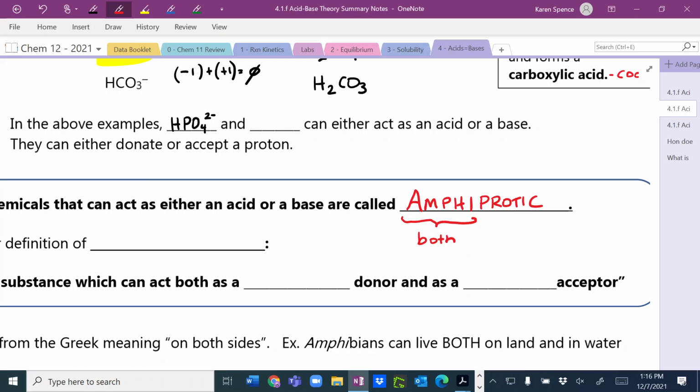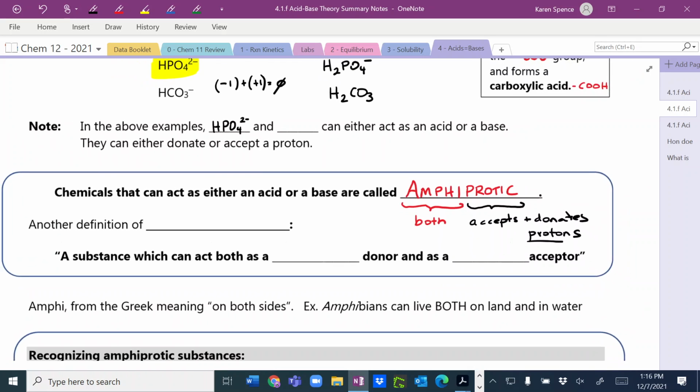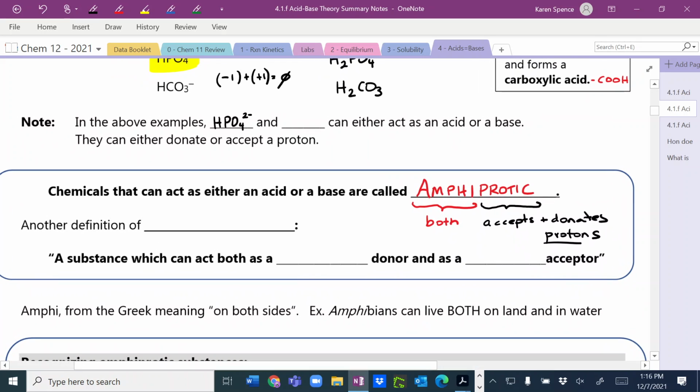And then protic. Both accepts and donates protons. So another definition of amphiprotic: you'll notice I'm getting you to write it a lot. That's because you do need to be able to write it and spell it.